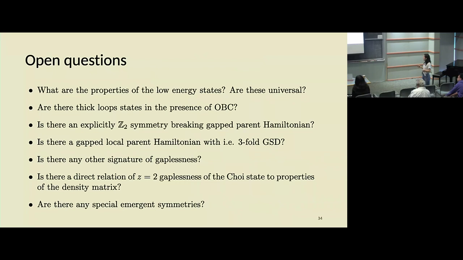And we also don't know if there's an explicit Z2 symmetry breaking parent Hamiltonian that's gapped and has this ground state. All of the arguments that I showed previously were assuming that we keep the Z2 symmetry. So it's not obvious to us if there exists an explicit Z2 symmetry breaking Hamiltonian.